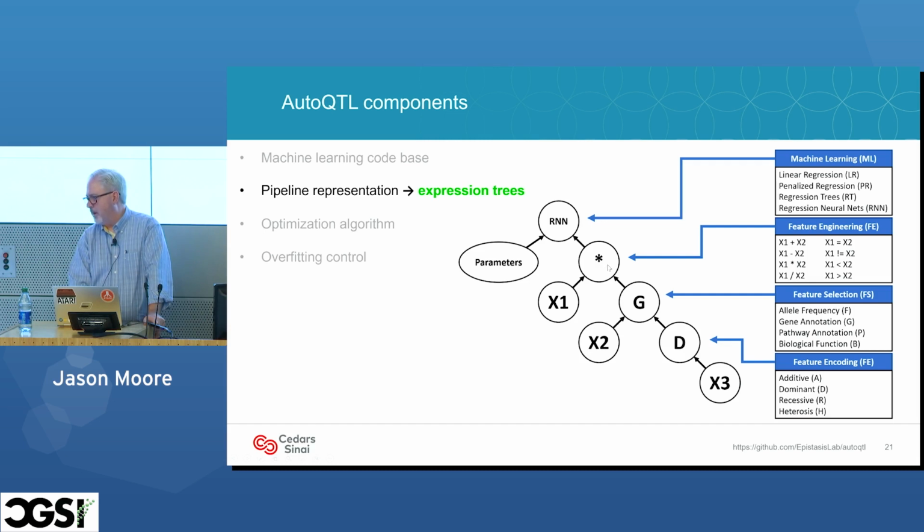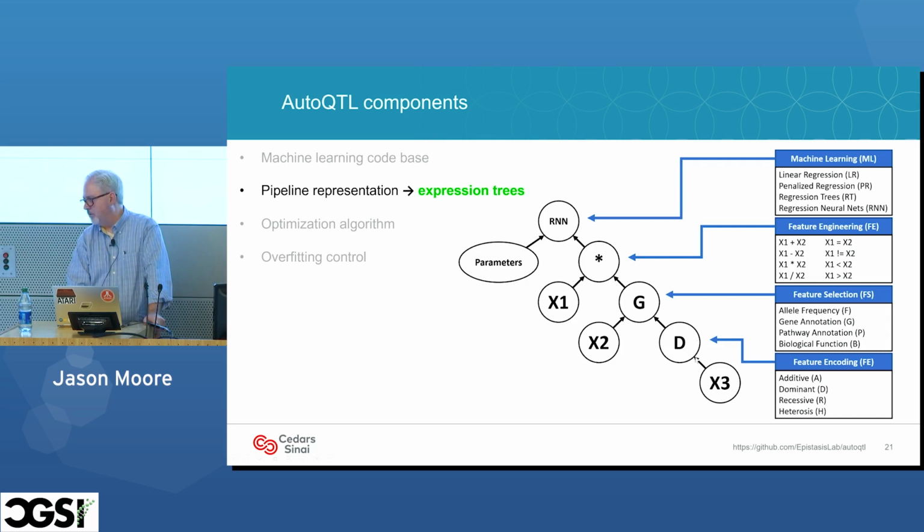In this particular pipeline, the next operator here is doing a feature engineering step. It's multiplying the values of this SNP x1 times the processed values of x2 and x3 here. So we're doing some feature engineering. The next level down in the pipeline, it's doing feature selection. So it's selecting based on gene annotation here among the set of SNPs that are fed into it.